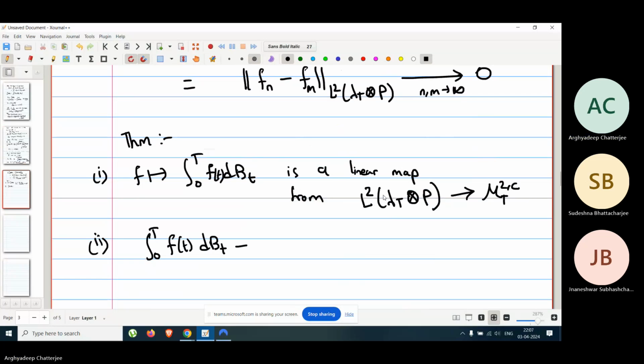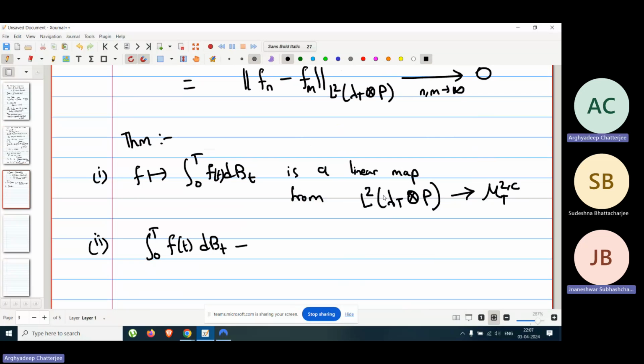Usually, most of these nice looking processes are progressively measurable.